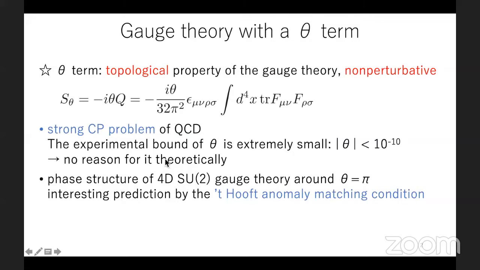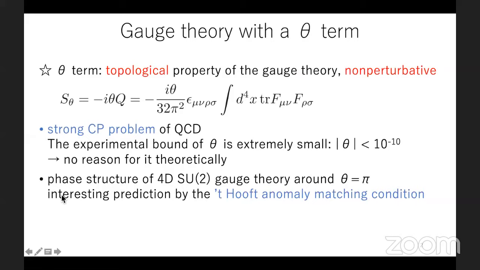This is a kind of naturalness problem. We don't know why this parameter is so small. With the standard model alone, we cannot explain why it's so small. The well-known solution of this strong CP problem is the so-called Peccei-Quinn mechanism, which introduces the axion. This is one of the interesting topics related to theta.